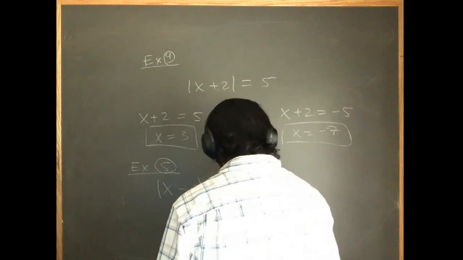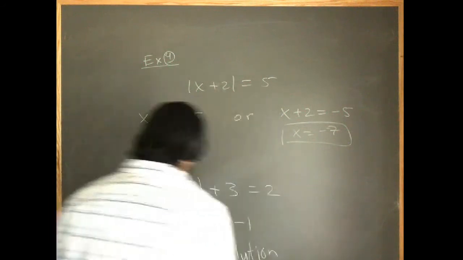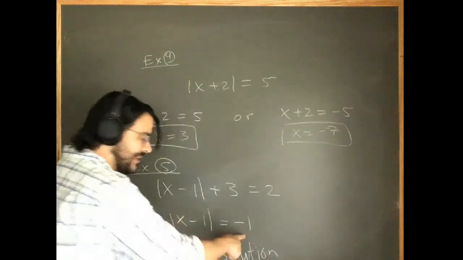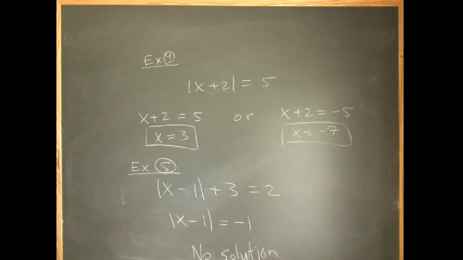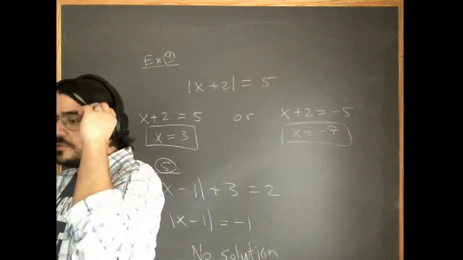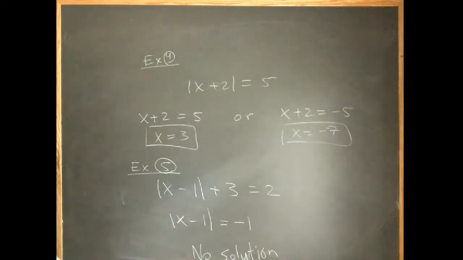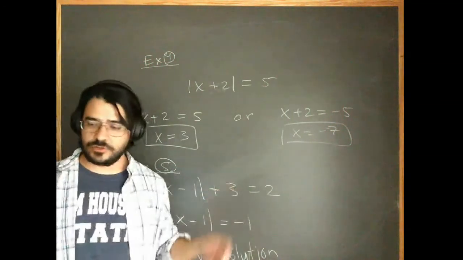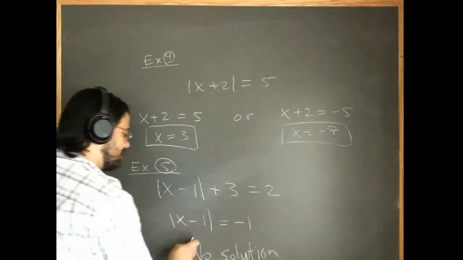And the reason there's no solution is just that there's no way the absolute value of anything could be negative. Here they're asking us to find the absolute value of x - 1 and we get back negative 1. So no, there's no solution. And we just stop the problem right there. And that was that first bullet point, right? That if you try to solve for this ax + b absolute value and it's negative, you just say no solution, okay? So there's your answer there.